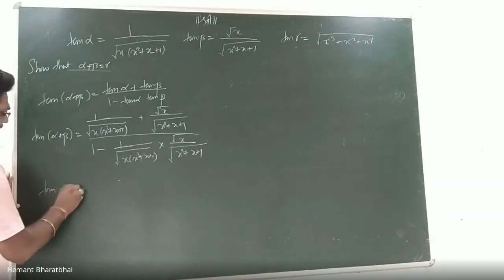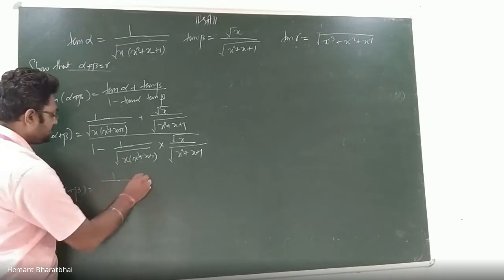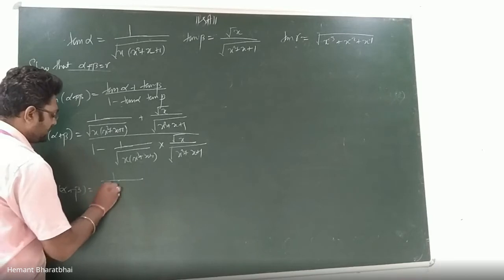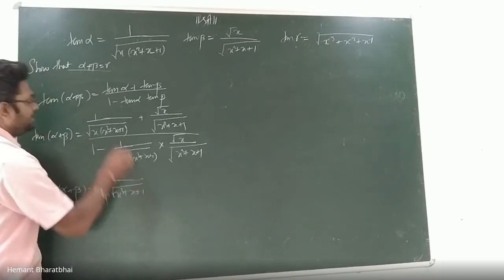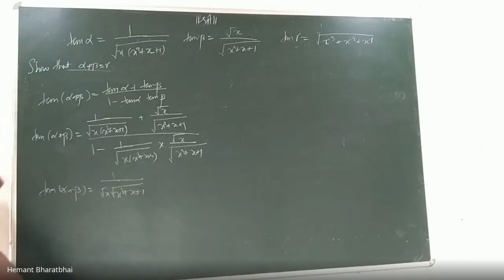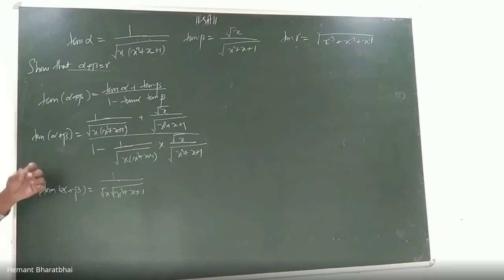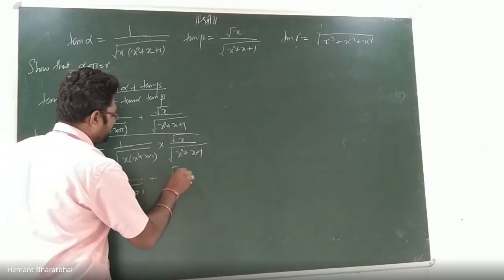Therefore, tan of alpha plus beta is equal to, I can write this as, root x into root of x square plus x plus 1. Both the terms were in multiplication under the square root, but I have given separate square roots, so this will help me in simplifying.